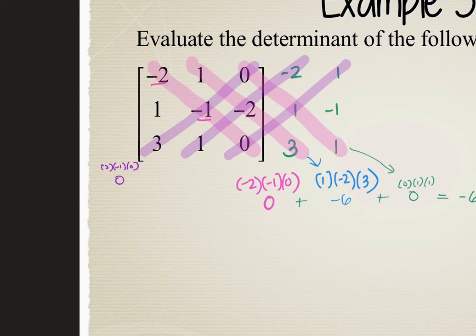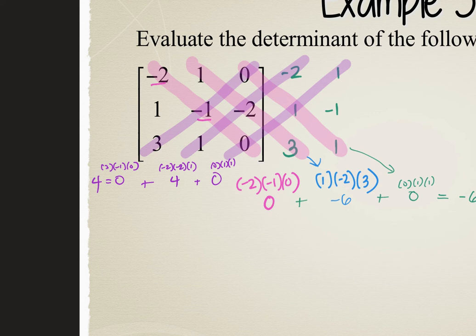Then I'm multiplying down the next diagonal, so -2 times -2 times 1, which is 4. And then I multiply down the next diagonal, 0, 1, 1, which is 0. I add these together, and I get 4. And then I have to do the first number I got. This is why the order is important.